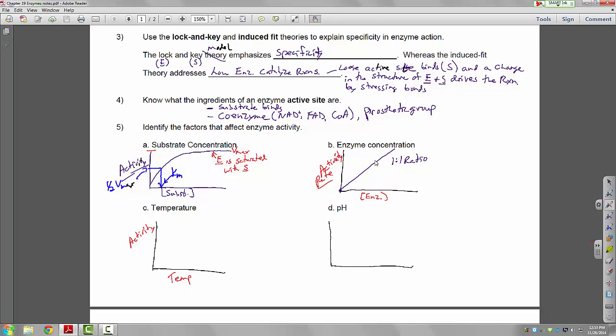And what you see for most enzymes is there is an optimum value, and this is generally, for humans at least, 37 degrees C, because we're warm-blooded. We have a constant body temperature of about 37 degrees Celsius. Above this temperature, activity starts dropping off, and what we end up getting here is denaturation.